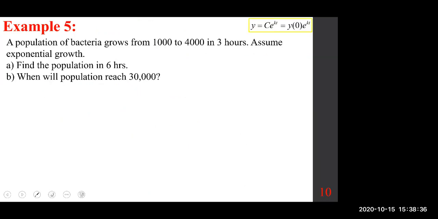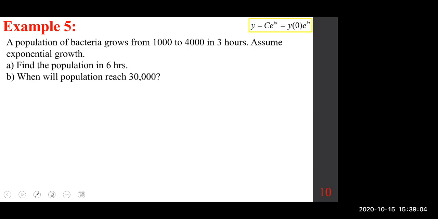All right, now, the population of bacteria grows from 1,000 to 4,000 in 3 hours. Assume exponential growth. That means the formula at the top, that means dy dt is ky, and that's why we end up with that. So we want to find the population in 6 hours, and when will it reach 30,000?